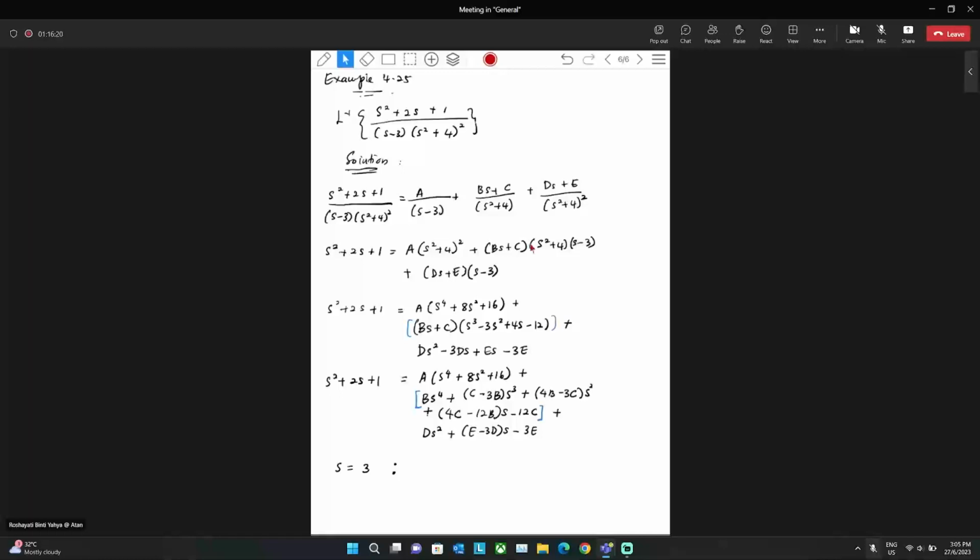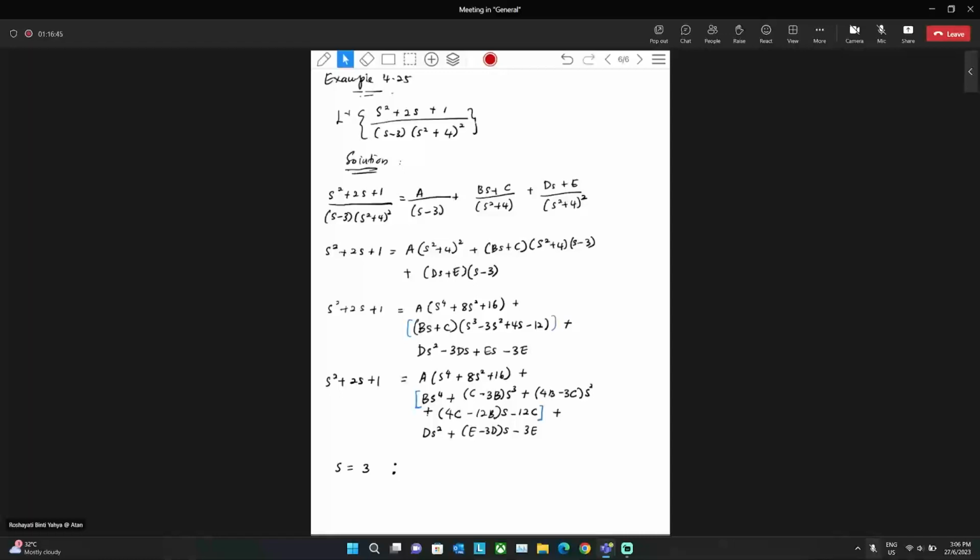Because here we solve for this to make this part 0, or to make this part 0. If you combine, you will mess them up.